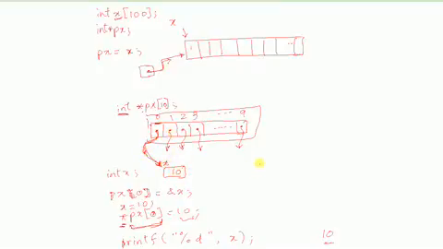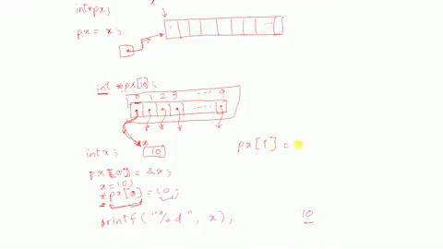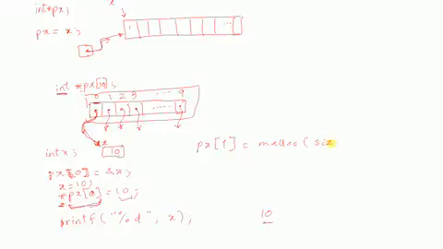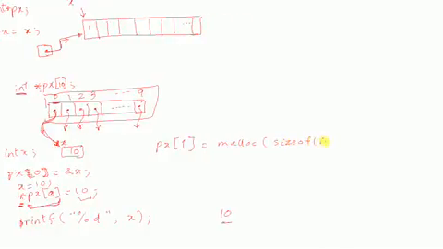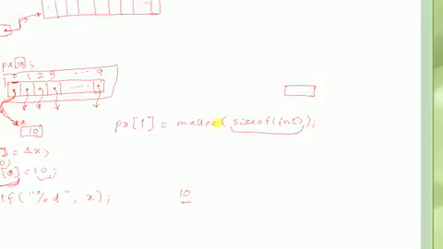What you could do is dynamically allocate it. Let's say px1 is equal to malloc of size of int. It will allocate enough memory to store an integer, and the address will be stored back into px1.